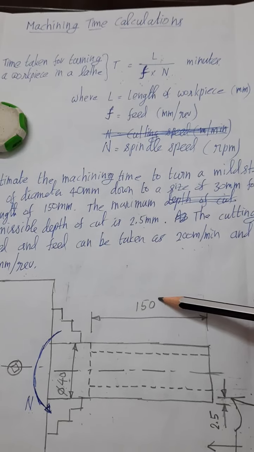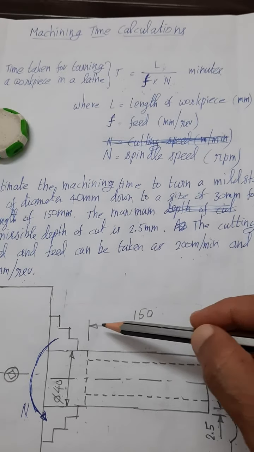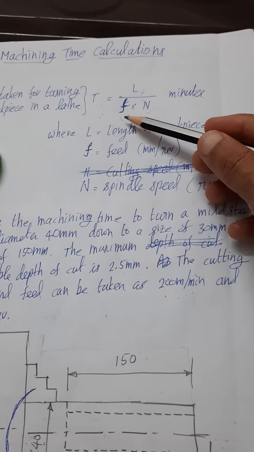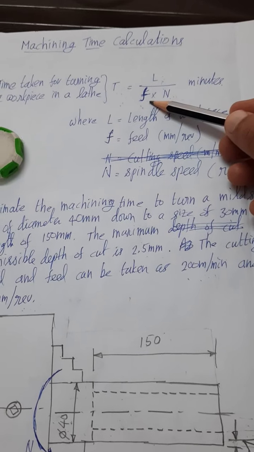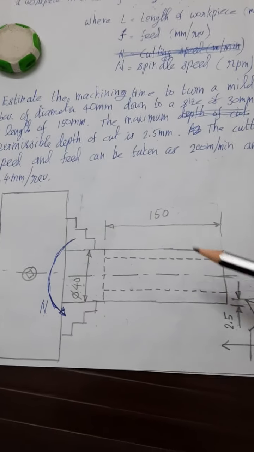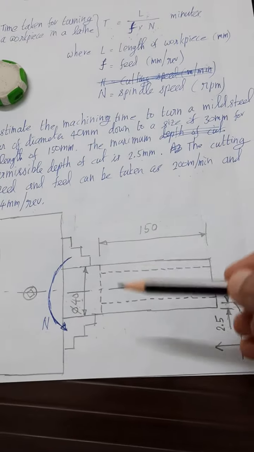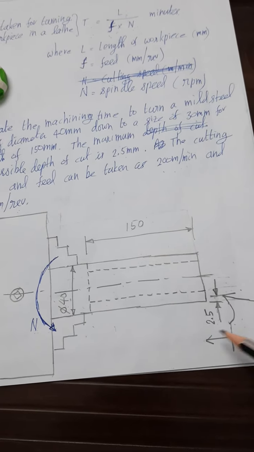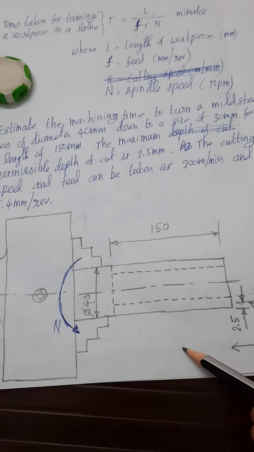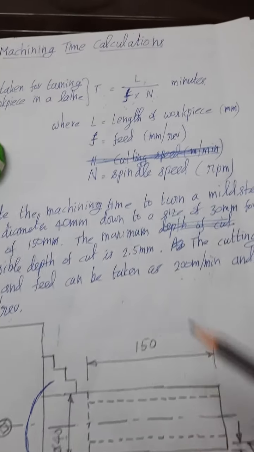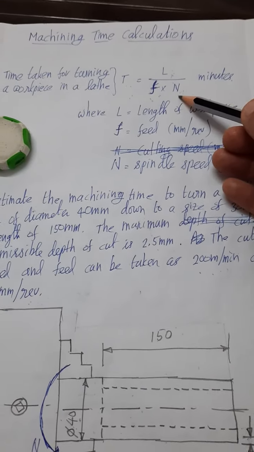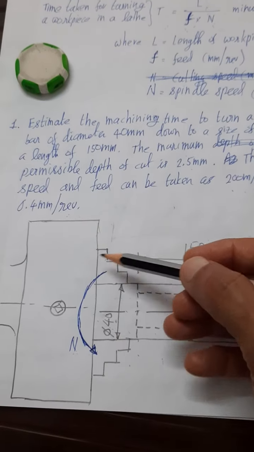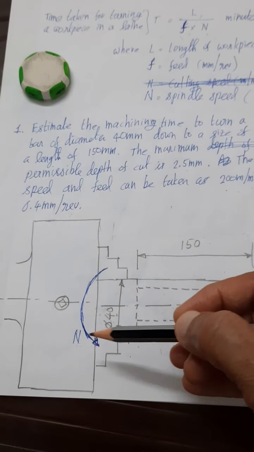We have to reduce the diameter over a length of 150 mm. And F is the feed in mm per revolution. Okay, what is feed in a lathe? For every revolution of the workpiece, how much is the tool moved in the axial direction? That is the feed in mm per revolution, and N is the RPM. Okay, at what revolutions per minute the chuck is rotated.